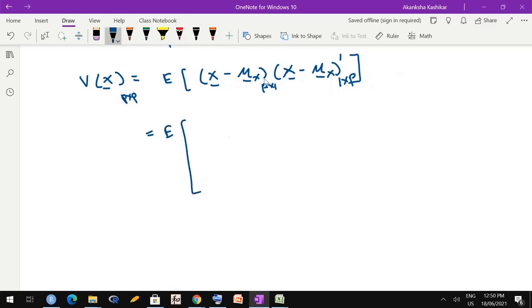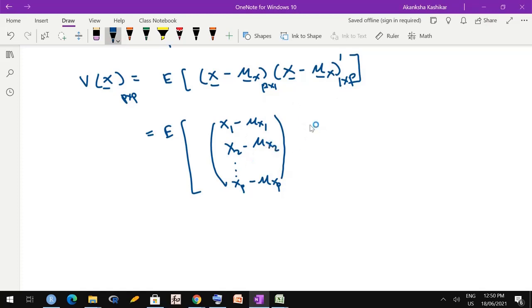So expectation of x minus mu x, I can write using the formula above. X minus mu x first component, then x2 minus mu x2 up to xp minus mu xp. I am not doing anything complicated. I am simply writing x minus mu x in a vector form.